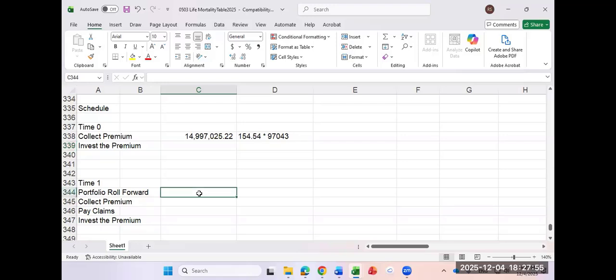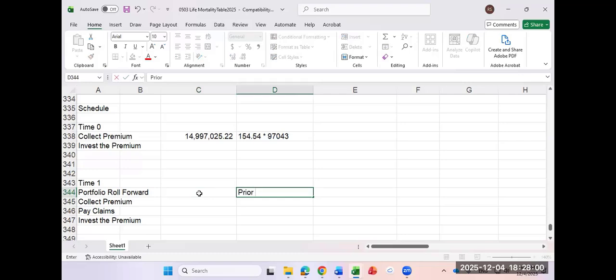You roll the portfolio forward, it's going to be the prior net times 1 plus 4%. So here we have 14,997,025.22. Why is that our net? Because we didn't pay any claims. Times 1.04.